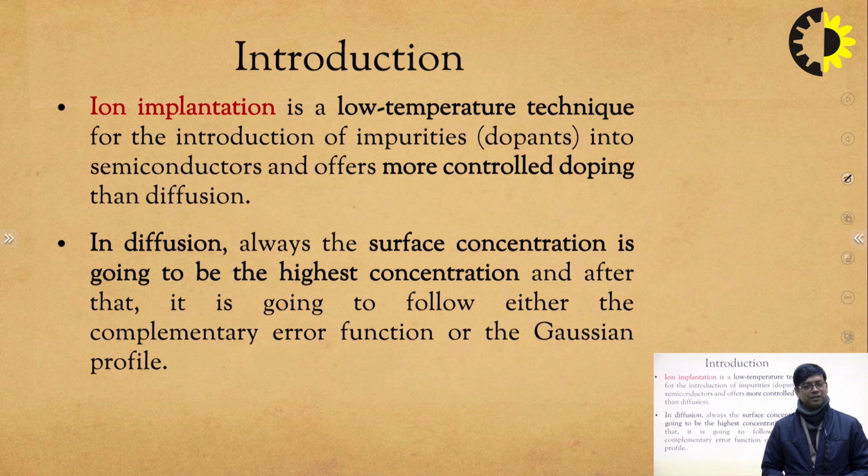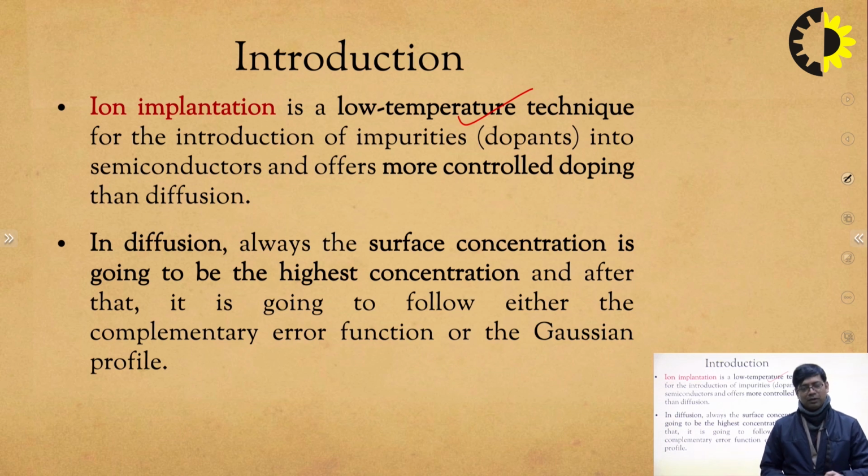So, ion implantation is a low temperature technique for the introduction of impurities into the semiconductors, and it offers more controlled doping as compared to diffusion process. As we know that in case of VLSI fabrication on an intrinsic semiconductor, we have to dope the semiconductor with different types of dopants or impurities, be it p-type impurities or n-type impurities.